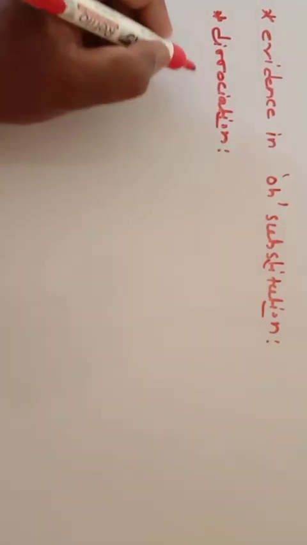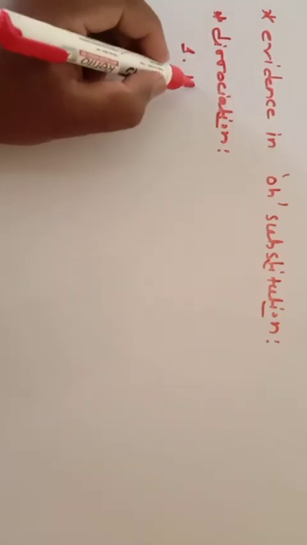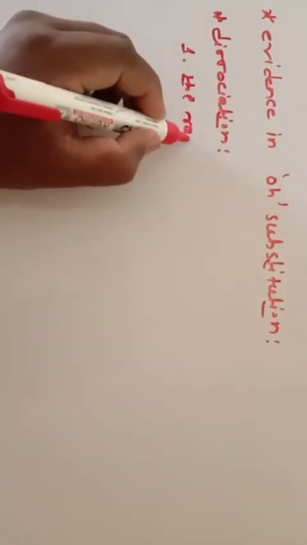The first one is that the rate of reaction. We are very much familiar that in a dissociative type of mechanism, the rate is directly proportional to the concentration of the reactant, meaning the concentration of the coordinated metal complex.